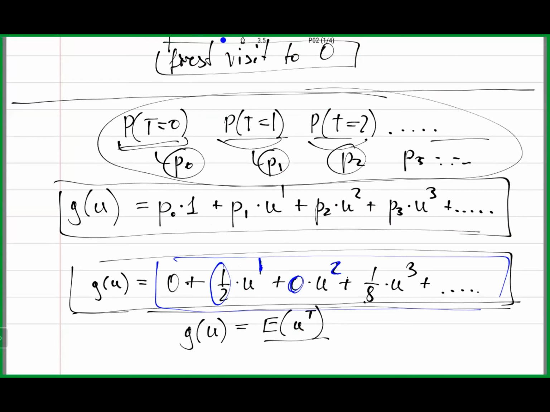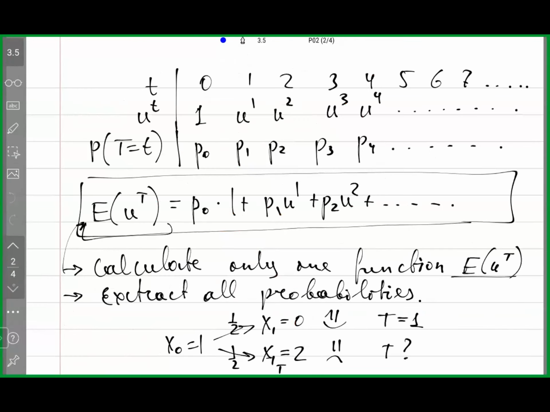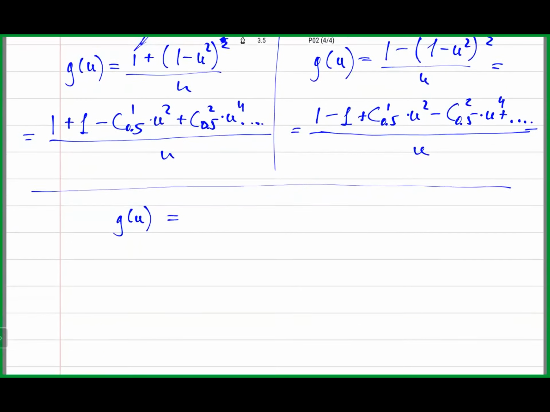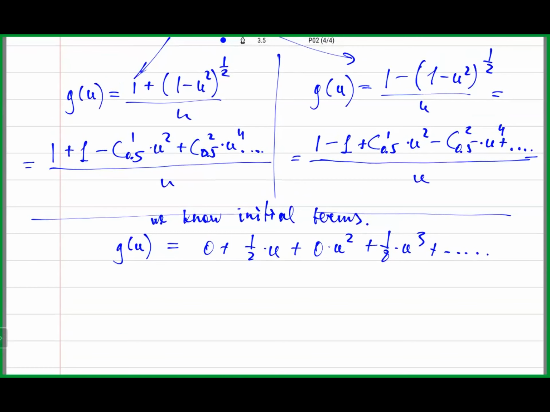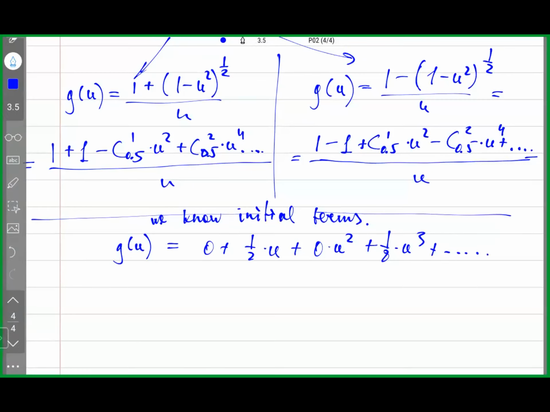So we know the initial terms: 0 plus 1 over 2 times u plus 0 times u squared plus 1 over 8 times u cubed plus and so on. And I said that we should have minus then. Yeah, we should have minus then.